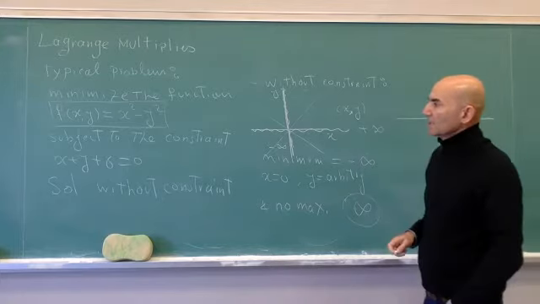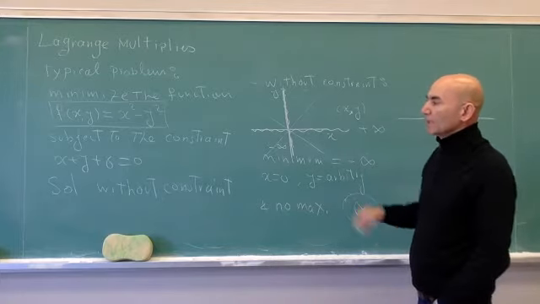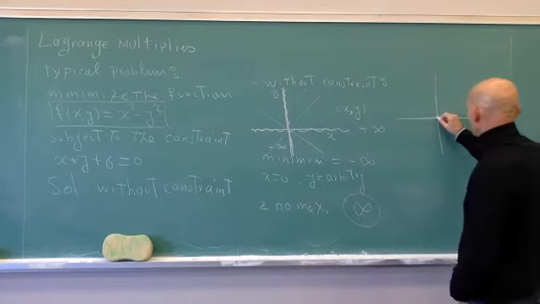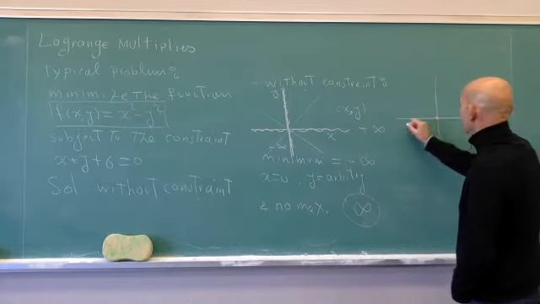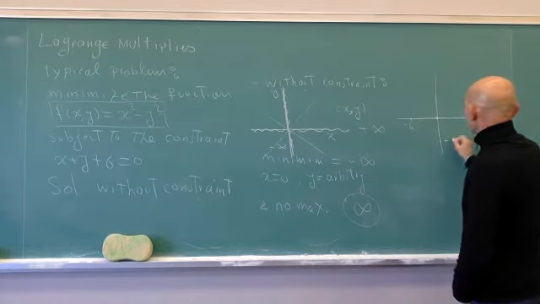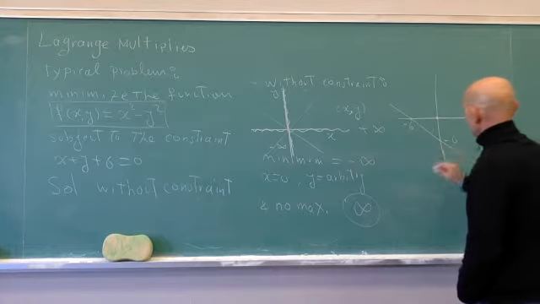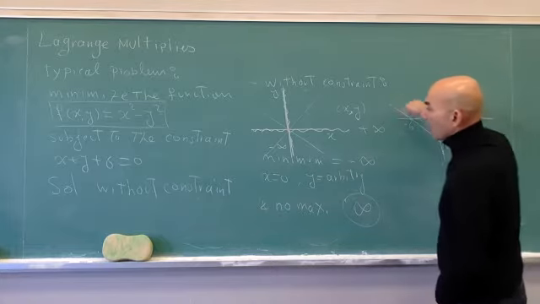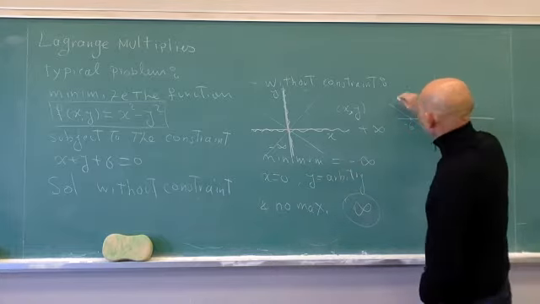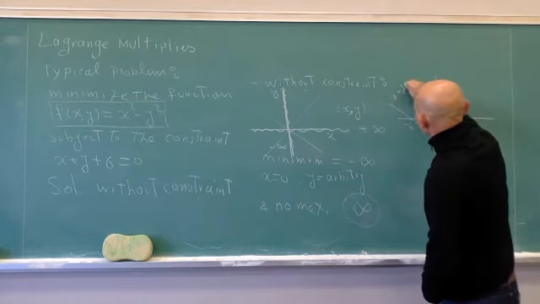Well, the condition is that x plus y is equal to -6. So if you want to draw it, this is -6 here, this is -6 here, and you just draw this line. That's the line x plus y plus 6 equal to 0, right?